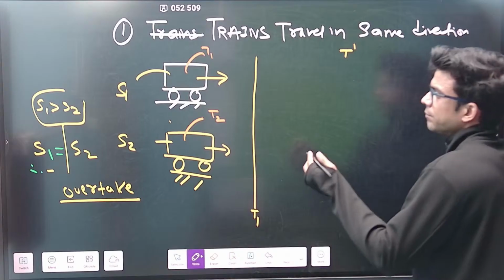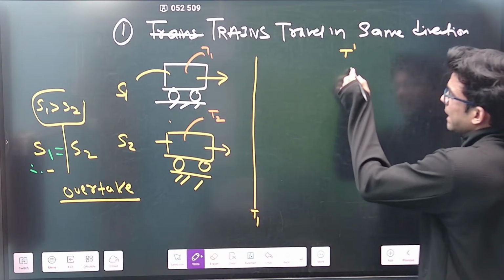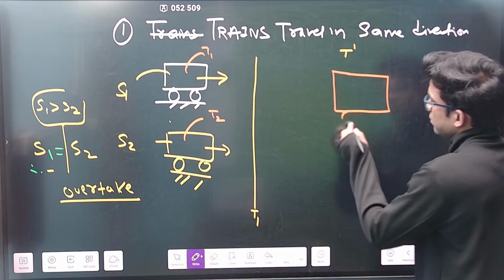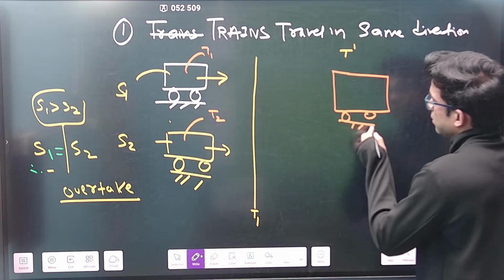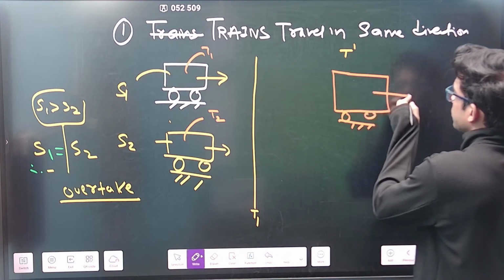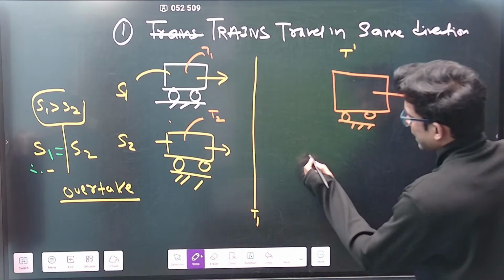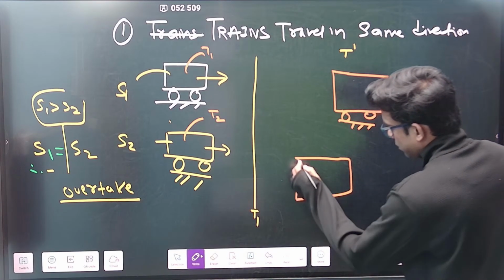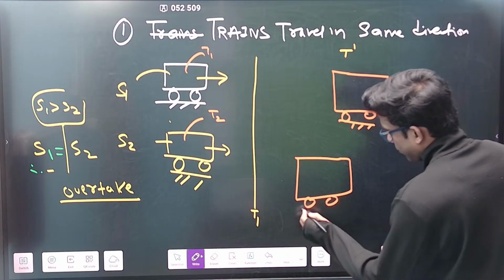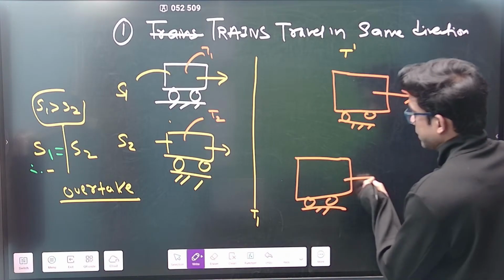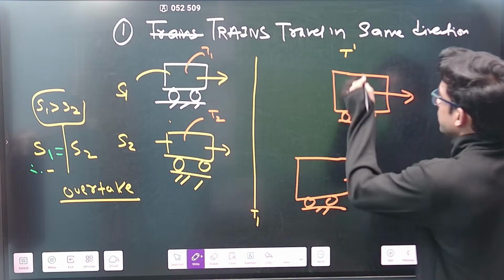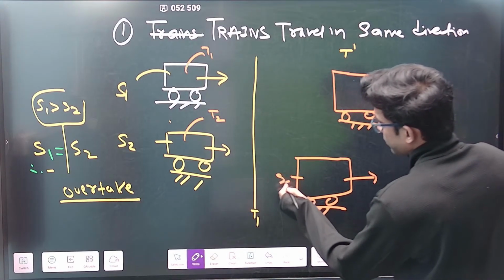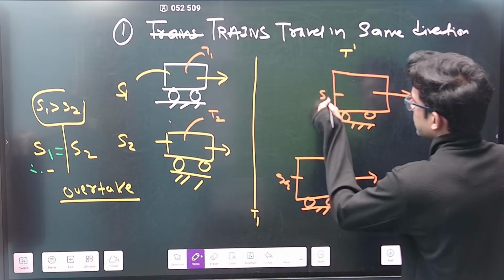At time T dash, if S1 is greater, this train will move to this position with respect to the previous train, and this train will be lagging behind. This is the T1 train with S1 speed, and this is the T2 train with S2 speed, correct?